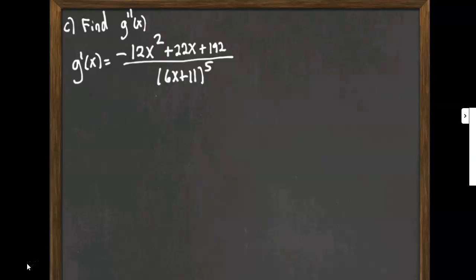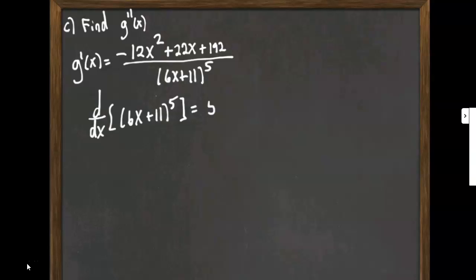So we have another situation where we have a quotient and we have an expression that's a composite function. So we have to use the chain rule again. Before I get into the quotient rule, just like before, I'm going to work out the derivative of that 6x plus 11, this time to the fifth power. Use the inside part, 6x plus 11, and the outside part would be u to the fifth.